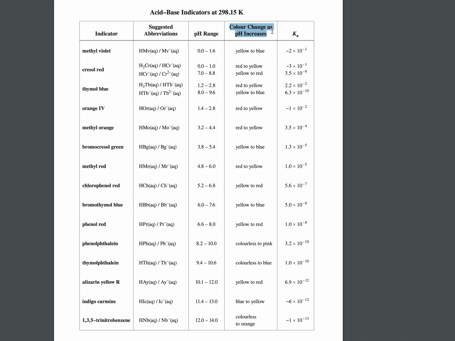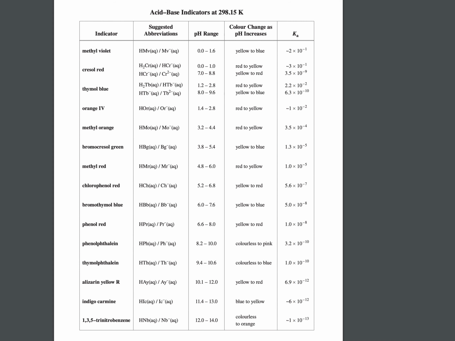So in the case of orange 4, this column right here, we see that the pH change range is 1.4 to 2.8, and it's from red to yellow. That means if I put orange 4 in a solution with a pH below 1.4, it will have a red color.